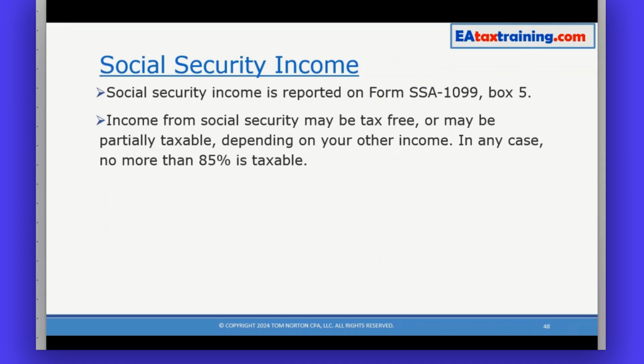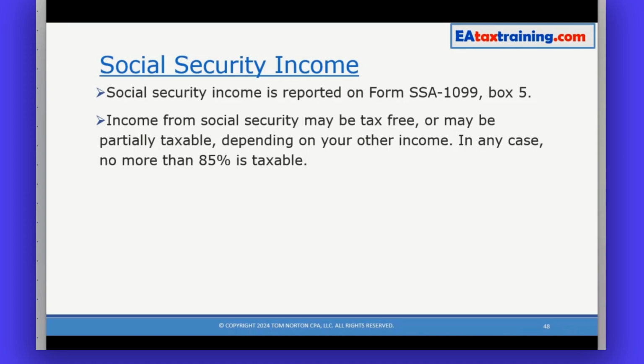That Social Security income may or may not be taxed, or part of it may be taxed. The income might be completely tax-free, or it might be partially taxable, and that depends on the amount of your other income, which we'll talk about in a minute. But in any case, no matter how much other income you have, no more than 85% of your Social Security income is taxable.